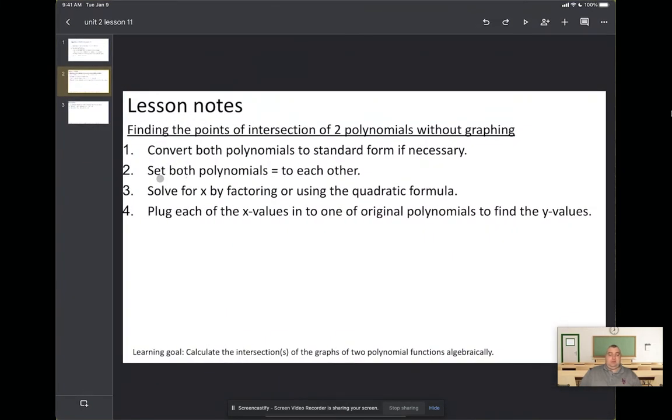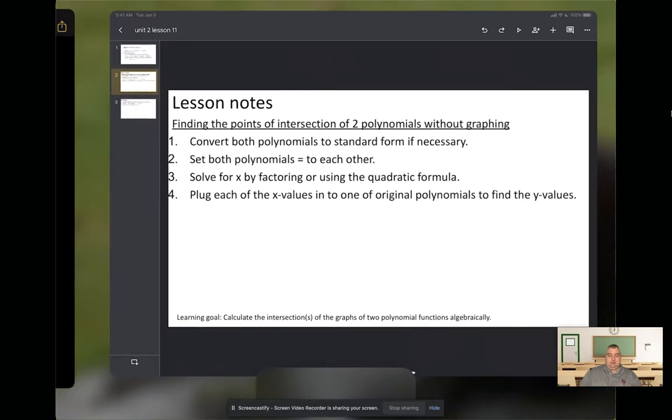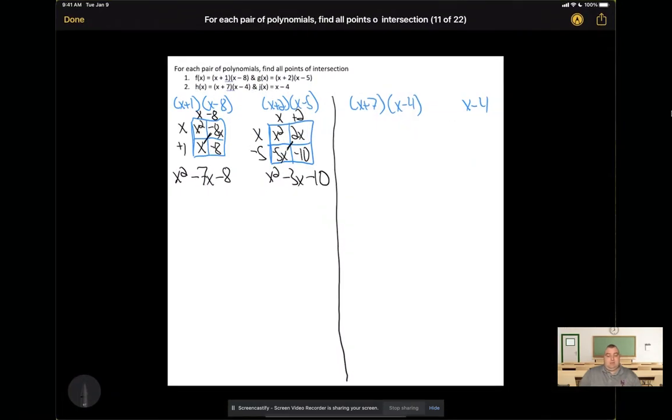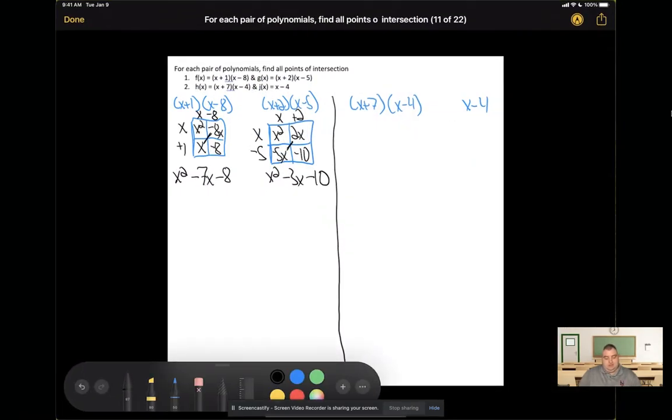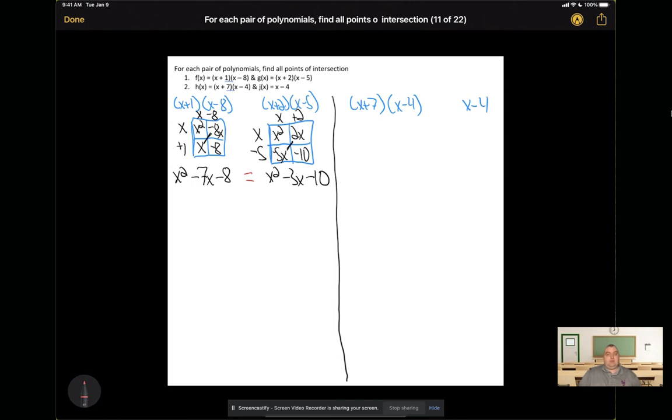Step 2, set both polynomials equal to each other and then solve for x. So I'm going to take both of these and set them equal to each other. So x squared minus 7x minus 8 equals x squared minus 3x minus 10. Now this looks like a complicated equation, but watch what happens.